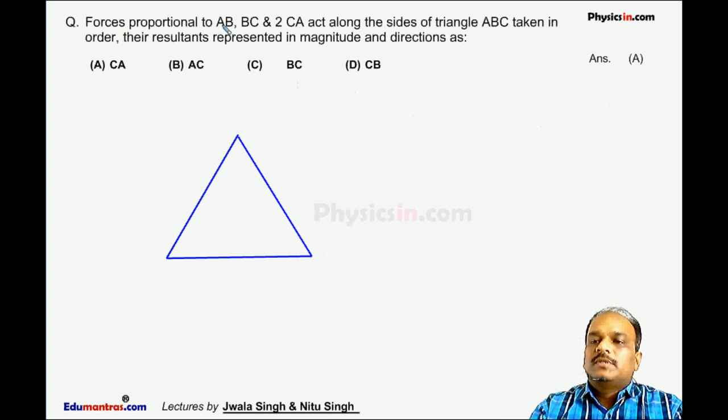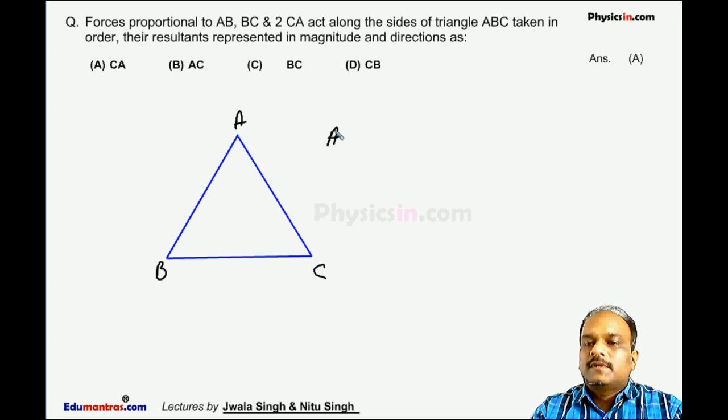Forces proportional to AB, BC and 2CA. Suppose this is triangle ABC. We know vector AB plus vector BC plus 2 times vector CA is the resultant.